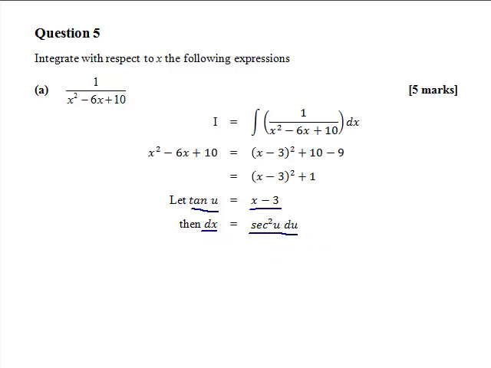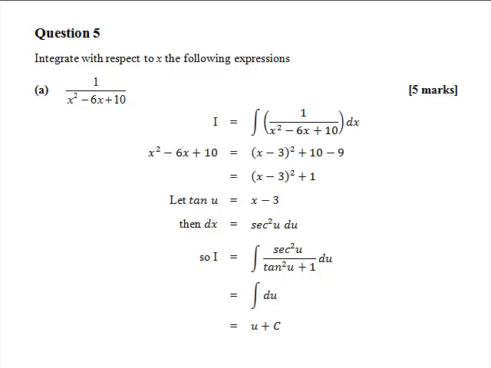So if we put all this together, the integral now is equal to sec squared u du from here, that's the dx term, and then we've got the denominator, which is this term here, which is tan squared u plus 1. Tan squared u plus 1, as we know, is equal to sec squared, so that means this sec squared and that tan squared u will cancel, leaving us with just du.